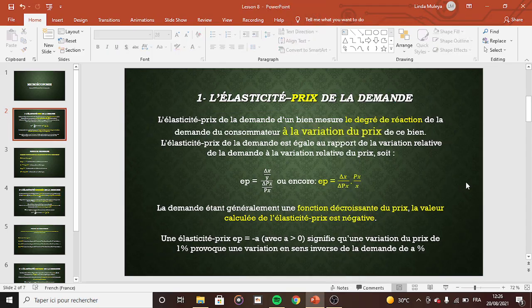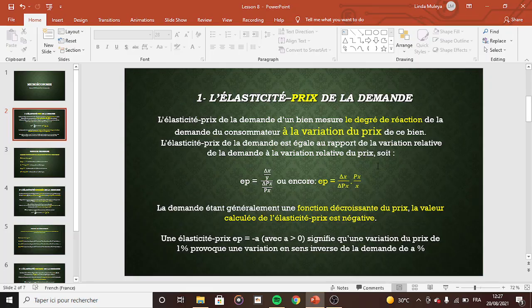Right. And so down here we have a formula that is relative to this situation. As we go through the three different formulas, you see that the structure is the same, only that particular issues will change, which we'll see. So it says here that it is equal to the ratio of the variation relative to demand to the variation relative to the price.